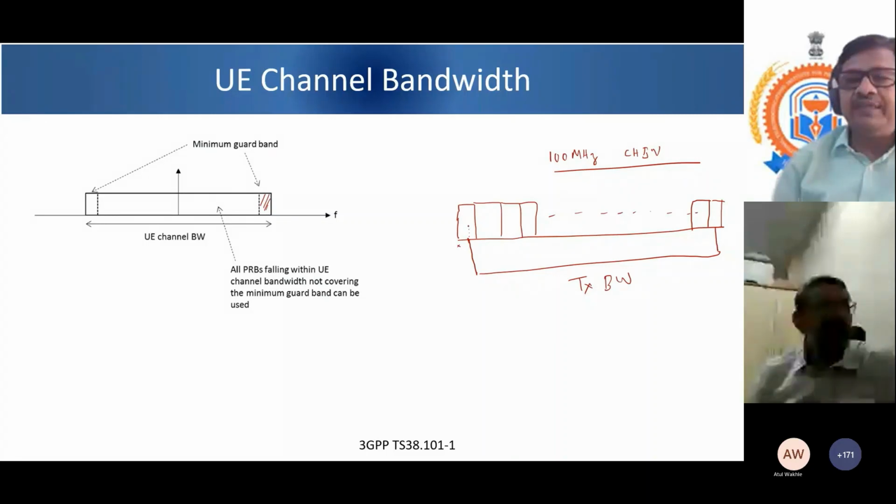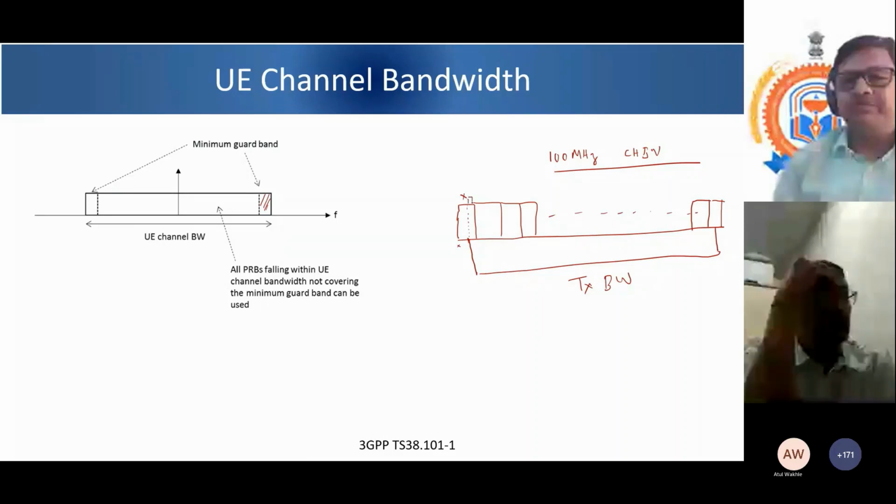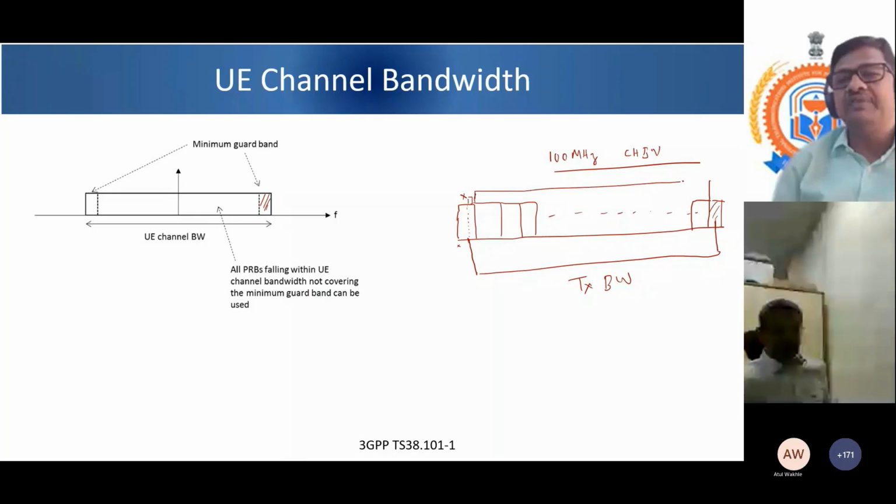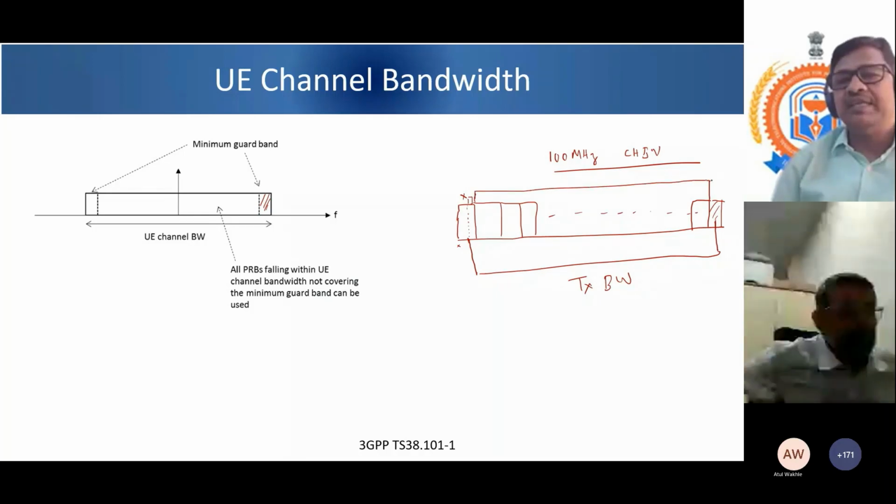Since this guard band is coming here, I cannot use this RB, although some part of it is in, I cannot start my RB from here, right? The next RB will only start here, and I cannot use this RB because in between you have a guard band. So you can use up to this. So this is the effective number of RB which can be used. Is it clear now?